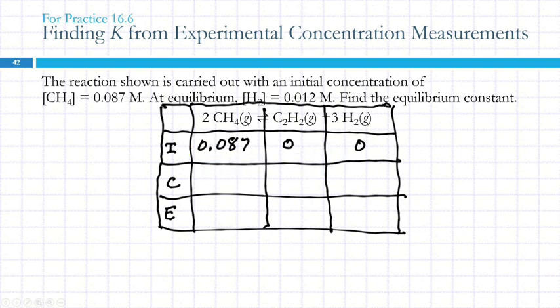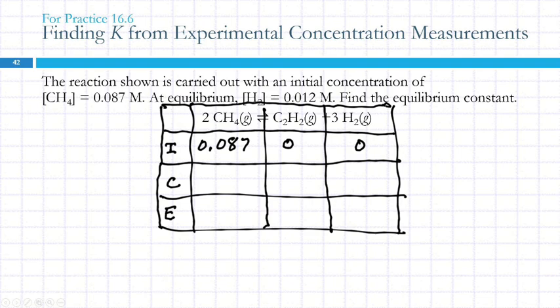Wait, why is it 0? Why is it 0? They didn't tell us a concentration. Here's the arrow. These are the products. So, like, when you bake chocolate chip cookies, do you start out with some chocolate chip cookies? No, you only start out with the ingredients, right? And then you make the cookies, you produce the cookies.